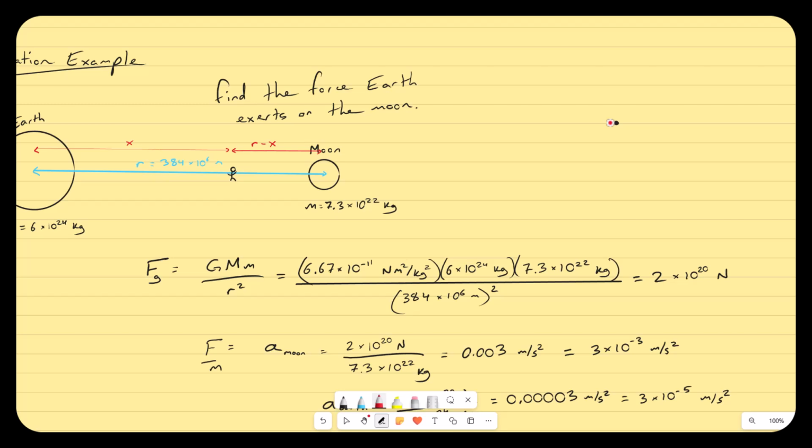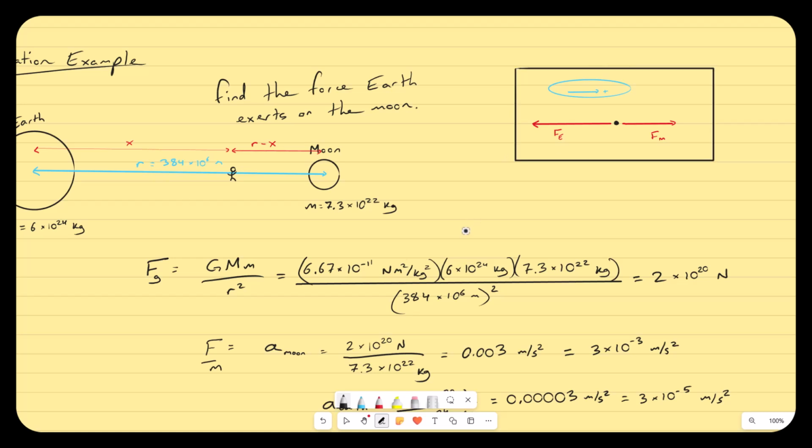We're going to get one force that points to the left, which is a force from the Earth, and a force that points to the right, which is a force from the Moon. We can pick a direction to be positive, and I'm going to call right positive, just out of habit. There is my free body diagram.